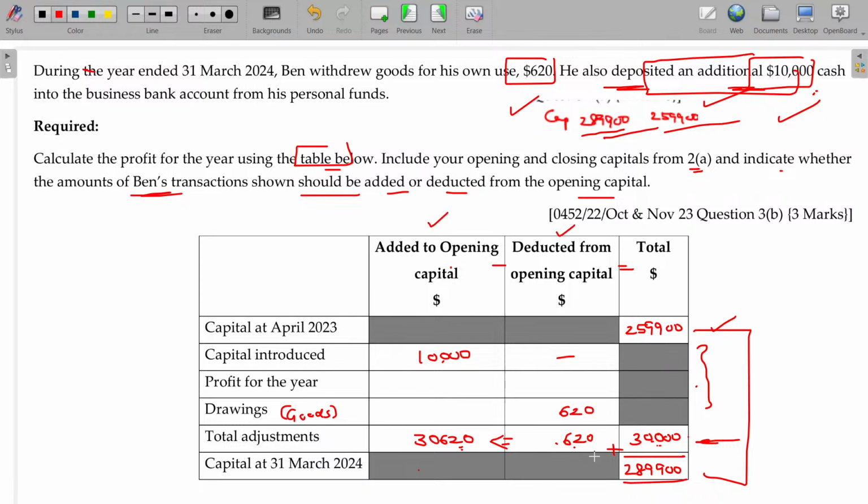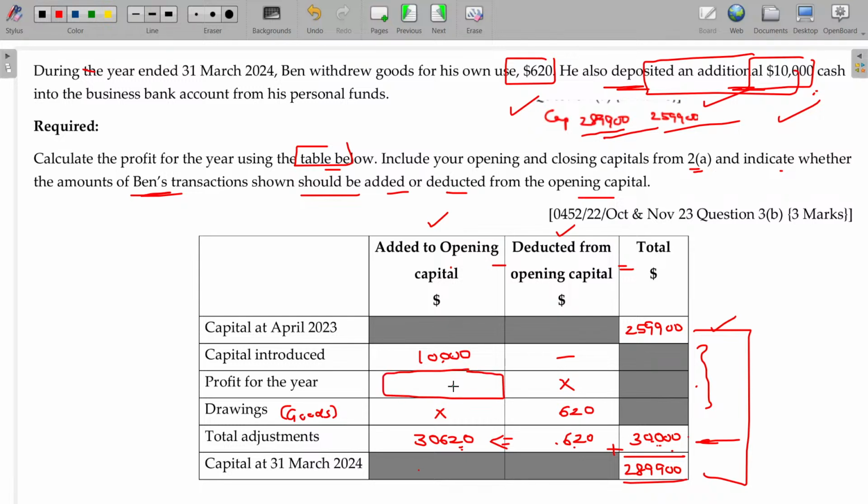Drawings are a deductible item, not applicable. Profit, we assume profit for the year, there will not be any loss. So from this, it is very easy to find out this one.